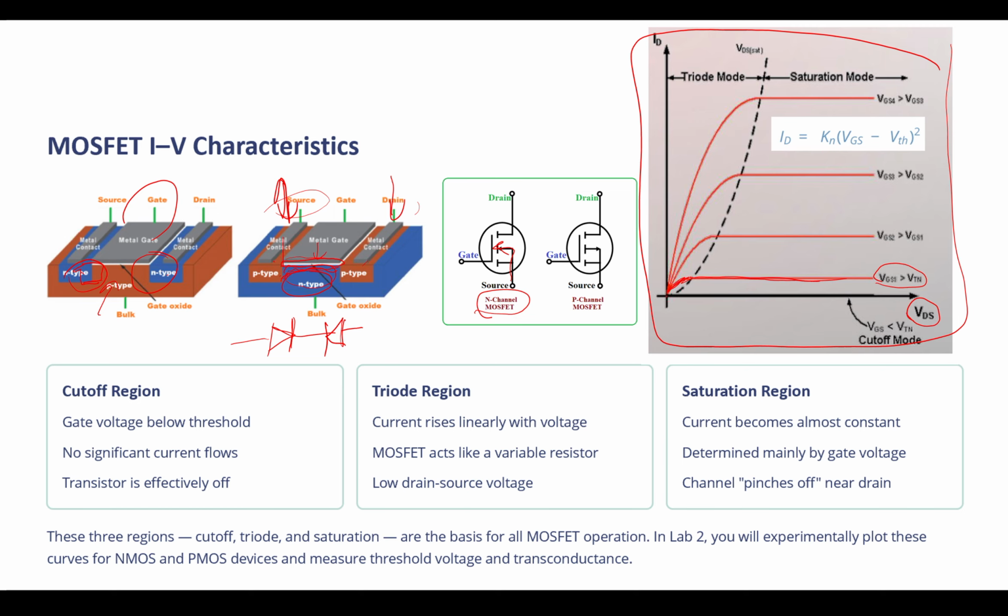So we have three variables here. The IV characteristics is between the drain current and the VDS, but the curve also changes. It has a dependency on the value of the voltage between gate and source.